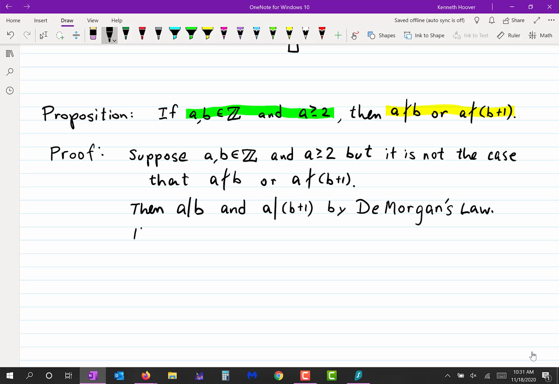So hence, b equals a times some integer. And also, let's go ahead and point out that b plus 1 would equal a times an integer as well. Not necessarily the same one, so we have to give this one a different name. Okay, and we need to point out that those are integers.